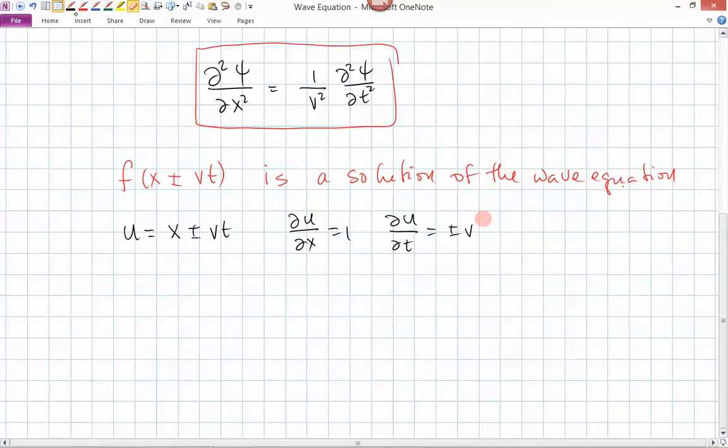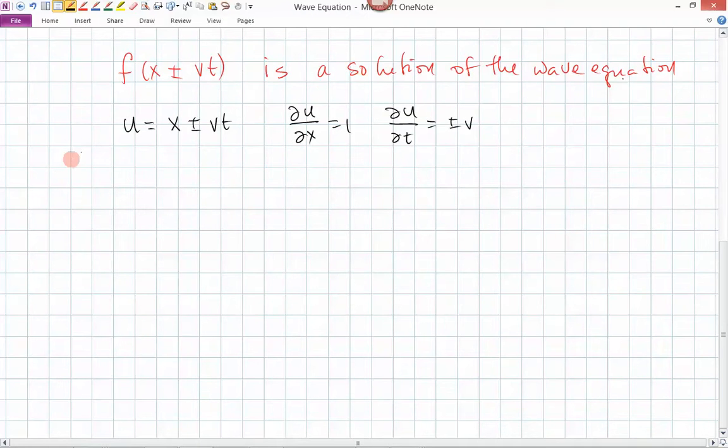So now let's work the derivatives one at a time. Let's start with partial of f with respect to x, where the argument is x plus or minus vt.